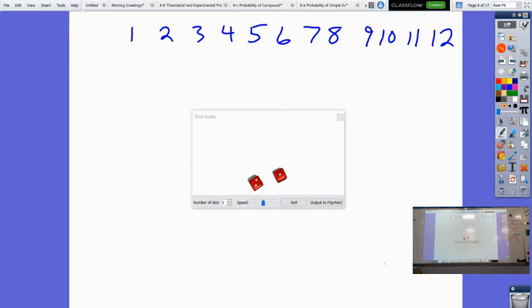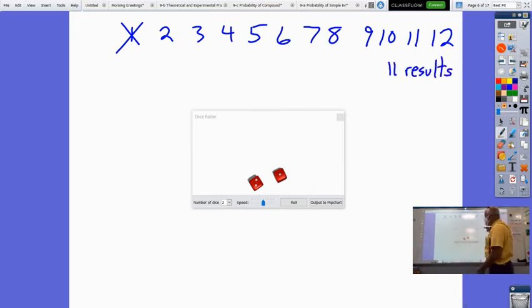Oh, wait a minute. You can't roll a 1 with 2 dice. You can roll 2. Okay? So how many possible results are there? 11 possible results.